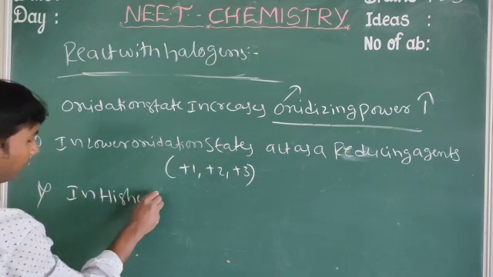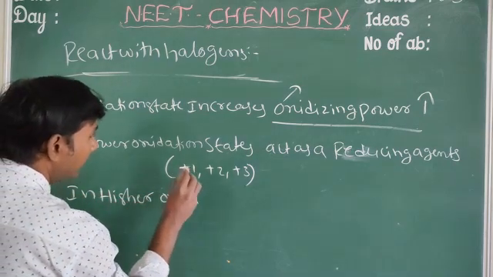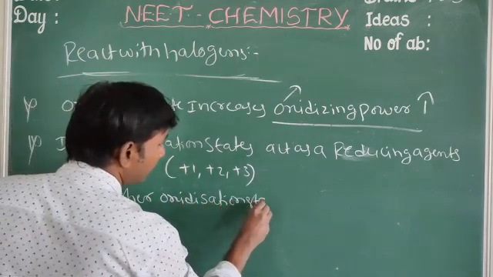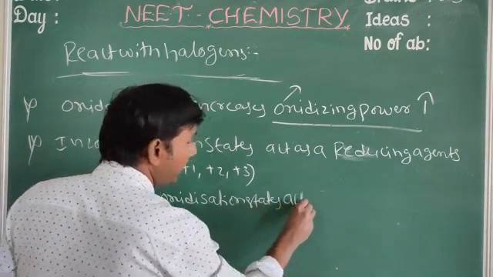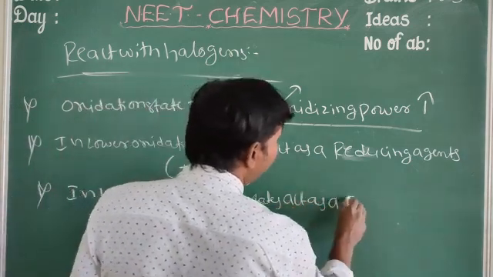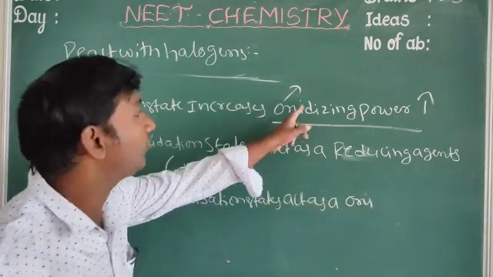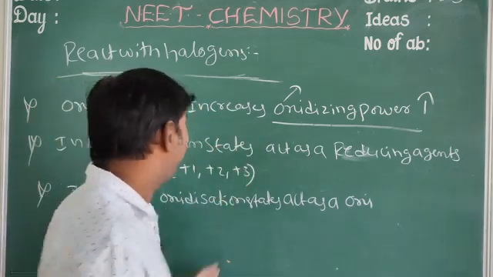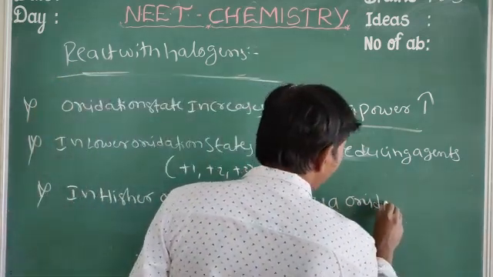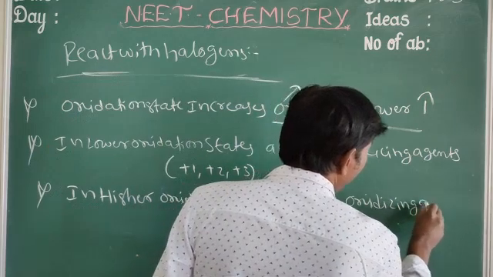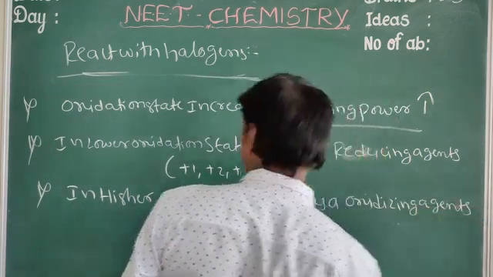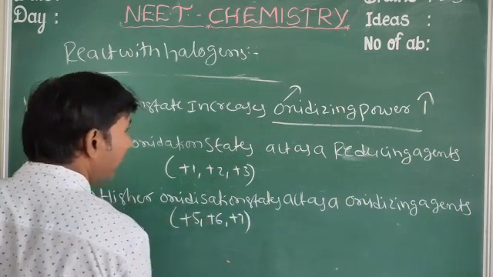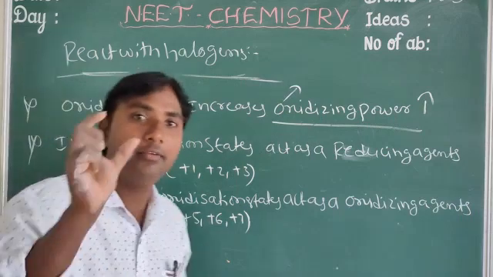Higher oxidation states, +5, +6, +7, act as oxidizing agents. Oxidizing power is more in higher states, and reducing power is more in lower states. This point is very important.